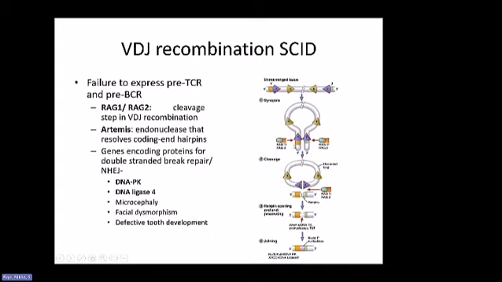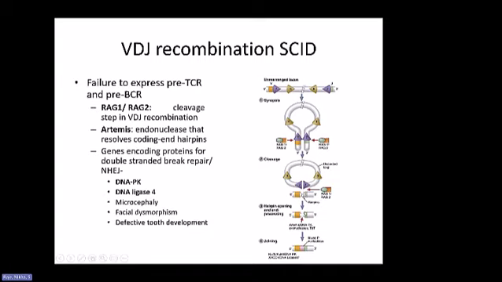There's a SNC that's caused at the heptamer and the coding junction, and at that point RAG1 and RAG2 cause the cleavage. After that cleavage there is a hairpin formation, which is the function of Artemis.